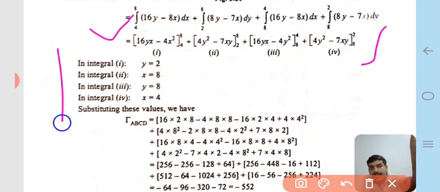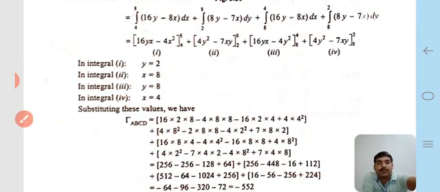Therefore, for the integrals of the first, second, third and fourth parts, we put in the limits: first y is equal to 2, second x is equal to 8, third y is equal to 8, and fourth x is equal to 4.